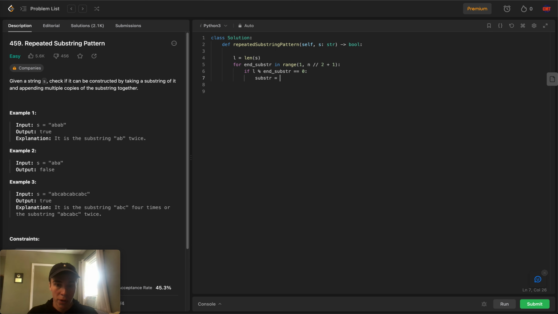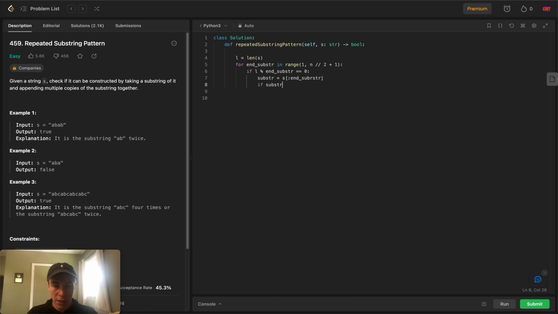Substring is going to be now equal to S from beginning to end substring. And finally, now I make the comparison. If I have found my substring, if I can multiply my substring times the number that substring length divides the input S into, then I can return true.